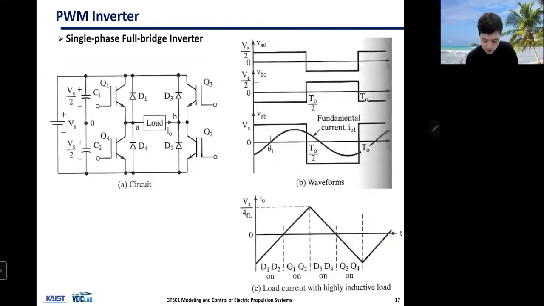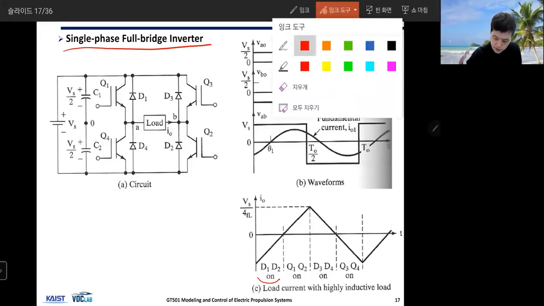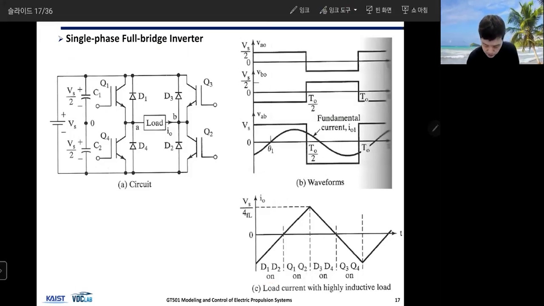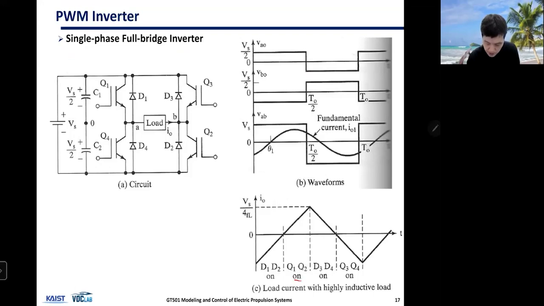But let's take a look at this one with 4 switches, which is a single phase full bridge inverter. So let's start with this one. So let's say Q1 and Q2 are on. Okay.